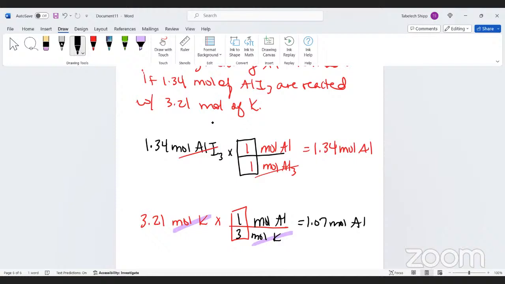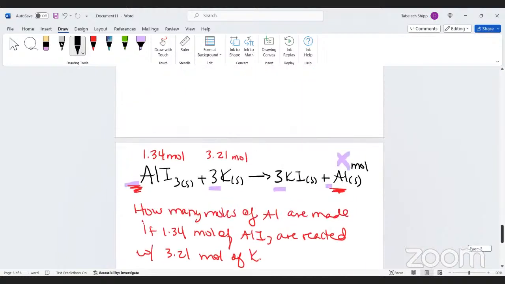Let's go back to our balanced equation so you guys can see that. A limiting reactant is typically dealing with what happens as a result of the products. Your reactants are on the left side and your products on the right side.